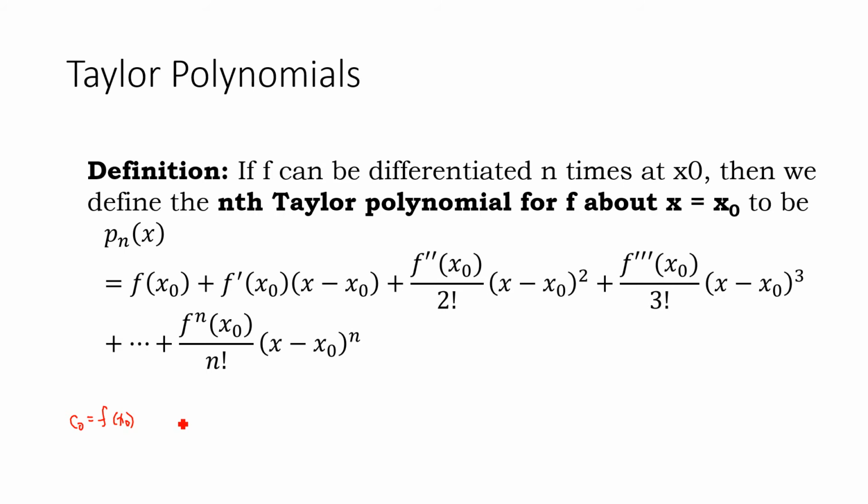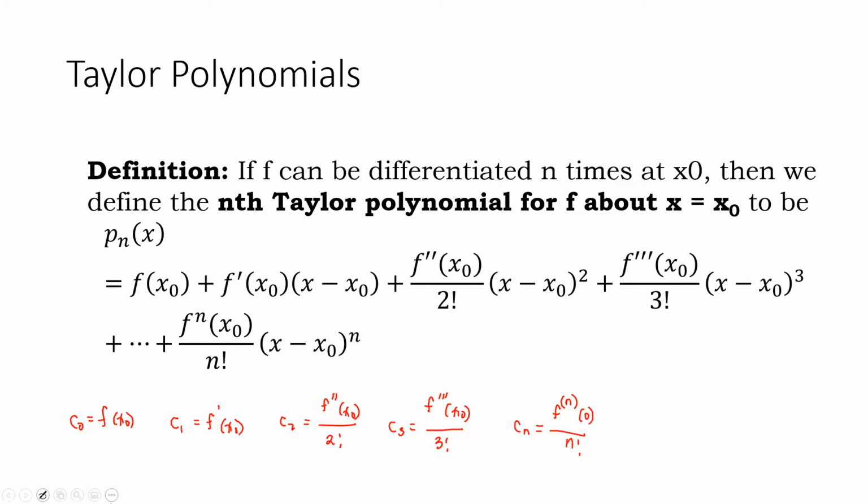Our c sub 1 would be equal to the first derivative of f at x sub 0, and then c sub 2 will be equal to the second derivative of f at x sub 0 over 2 factorial, and then our c sub 3 would be equal to the third derivative of f at x sub 0 over 3 factorial, and so on, up to our c sub n, which would be equal to the nth derivative of f at x sub 0 over n factorial.